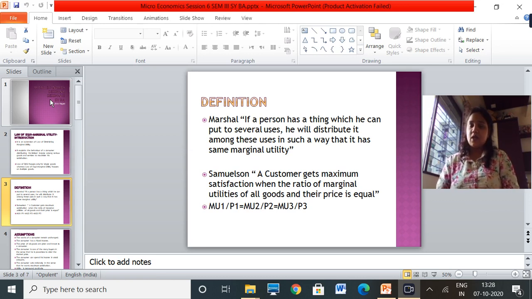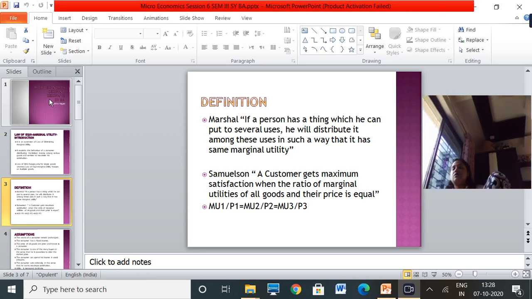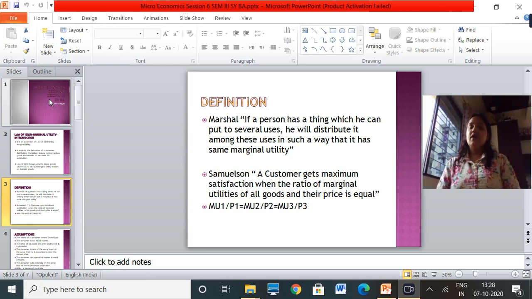are equal. So marginal utility of product 1 upon price of 1 is equal to marginal utility of product 2 upon price of 2, which is equal to marginal utility of product 3 upon price of 3. Say for example, the products you want to consider: one is chocolate, the other one is ice cream, the third one could be bread.